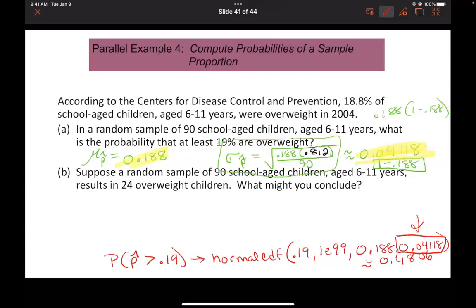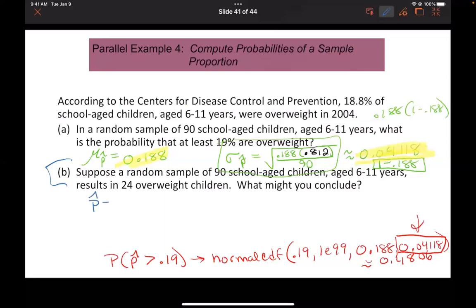Okay, so let's take a look at question B. This one is kind of vague and there's more than one way to look at it. So we took a random sample of 90 school-age children, and that resulted in 24 overweight kids. It says, what might you conclude? The way I would look at this is to figure out the probability of getting 24 overweight children. To do that, I need that P hat.